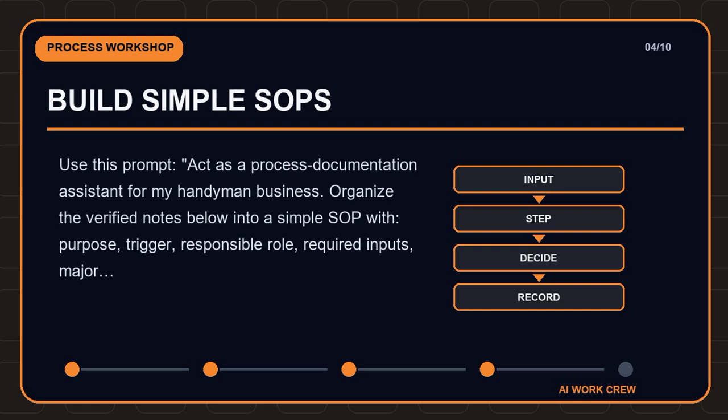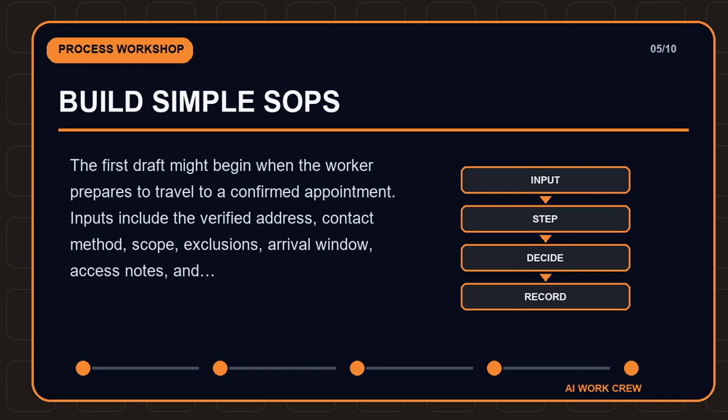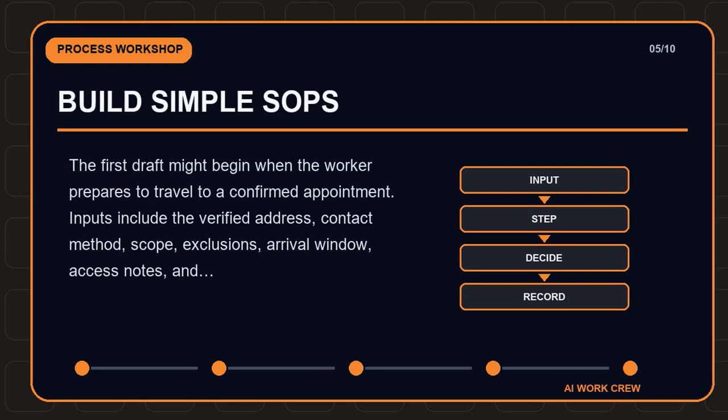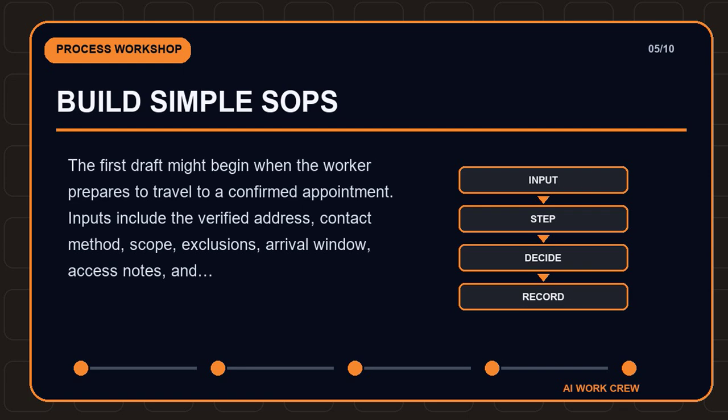Process notes. The first draft might begin when the worker prepares to travel to a confirmed appointment. Inputs include the verified address, contact method, scope, exclusions, arrival window, access notes, and required records. The responsible role is the assigned worker or owner.